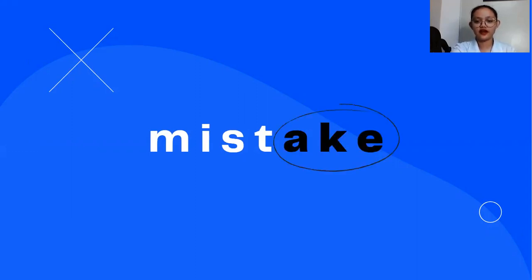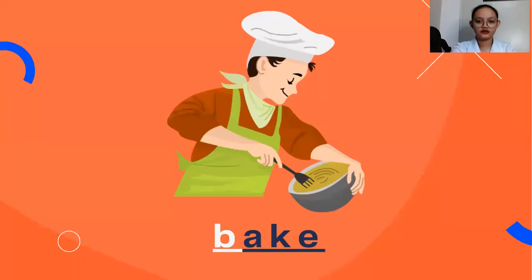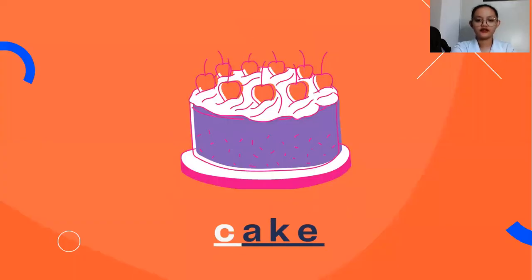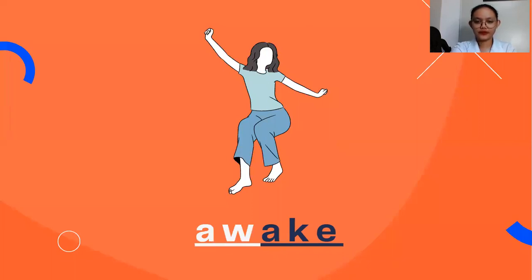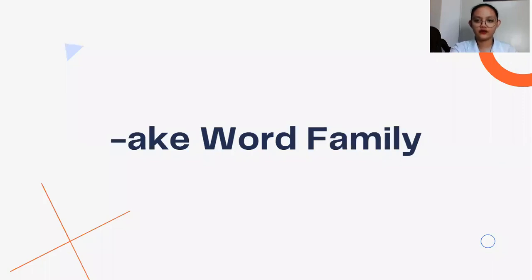Okay, that's right. They have the same three letters at the end of the word. We have the letters A, K, and E. Ake: bake, cake, and awake. That is because they are members of a word family, which is the ake word family.